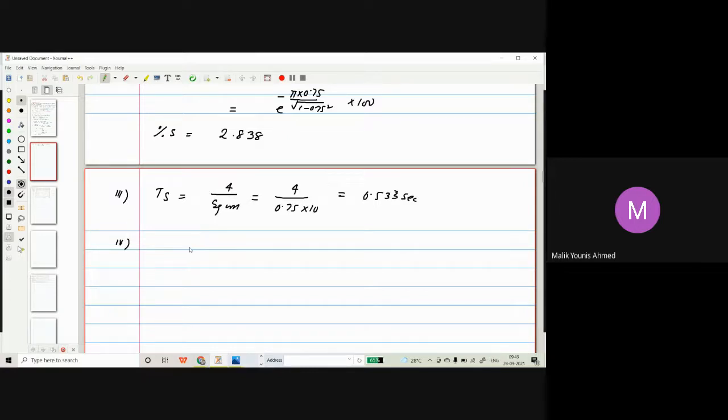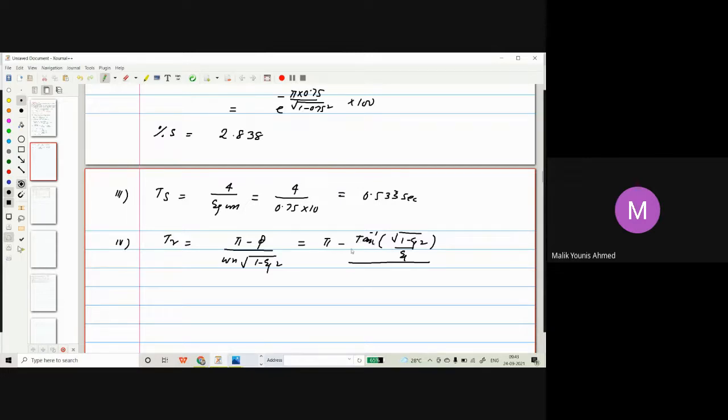Fourth is your rise time, Tr. Rise time is pi minus phi divided by omega n under root of 1 minus xi square. We know pi is in radians. Phi we know, we have used it a number of times in the expressions: tan inverse of under root of 1 minus xi square divided by xi.